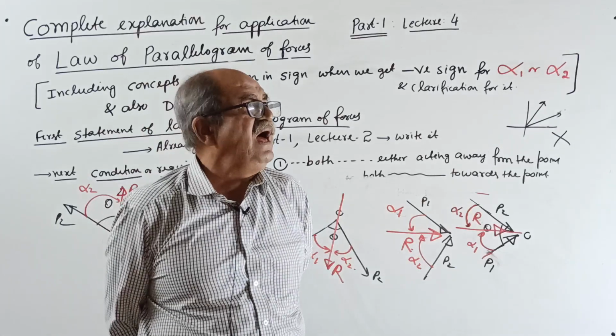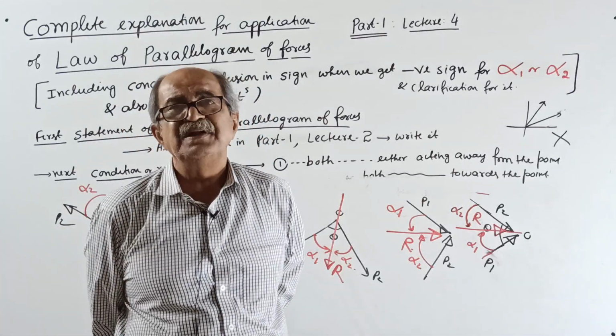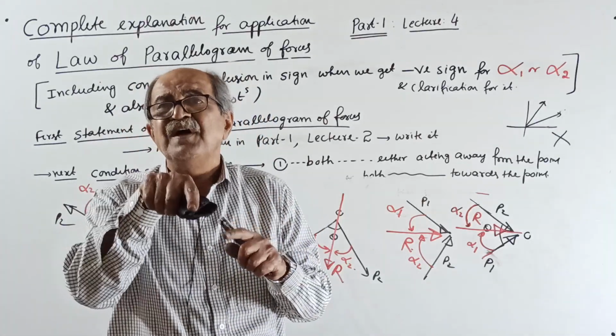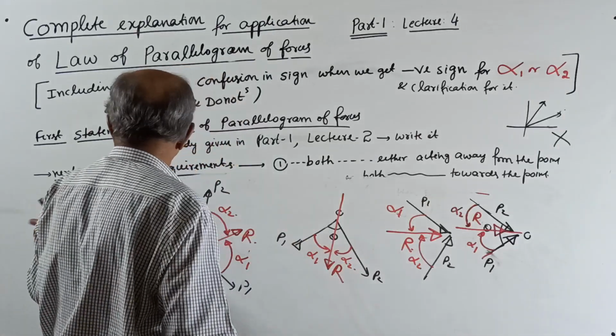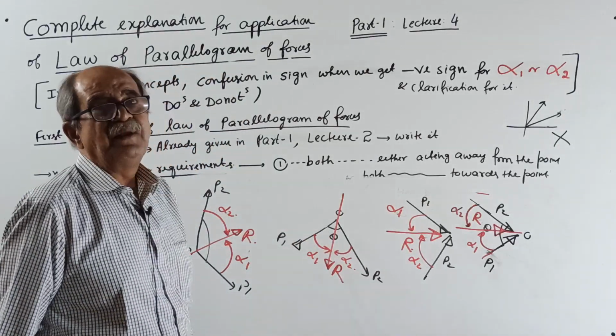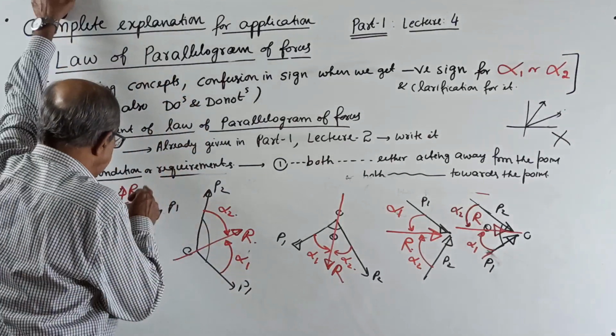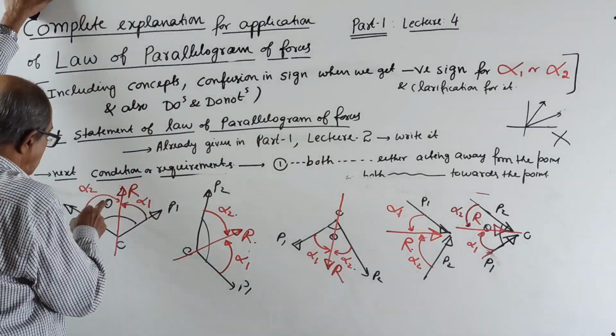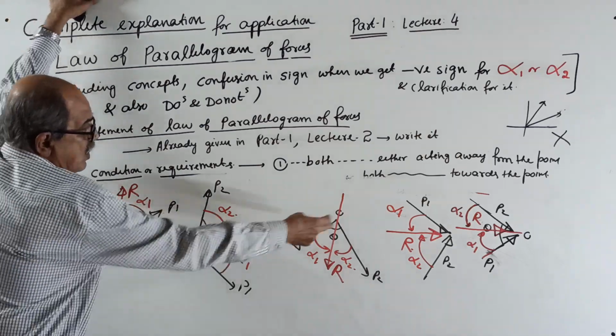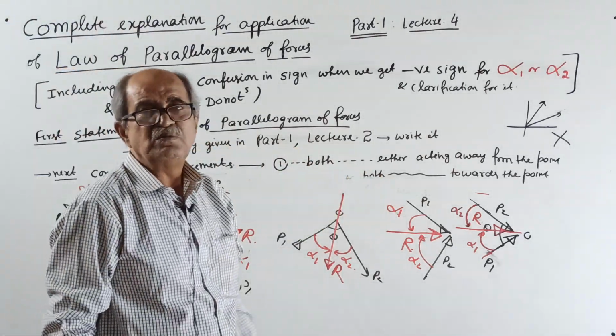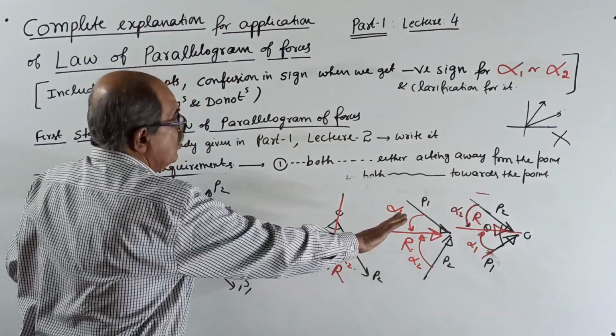When you say angle made with horizontal, you start marking from horizontal. So in all cases, alpha 1 is the angle made by resultant with P1, which means start from P1, go to R. Alpha 2, start from P2, go to R. That is the rule. Okay, now one round is over.